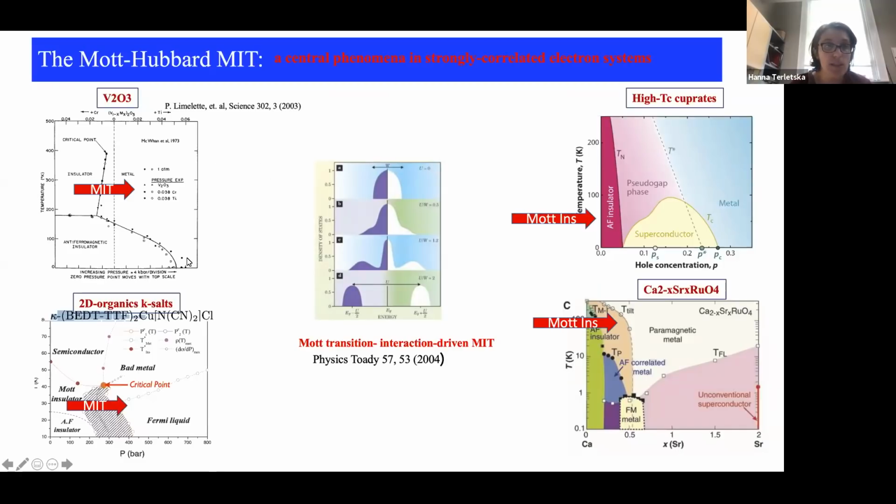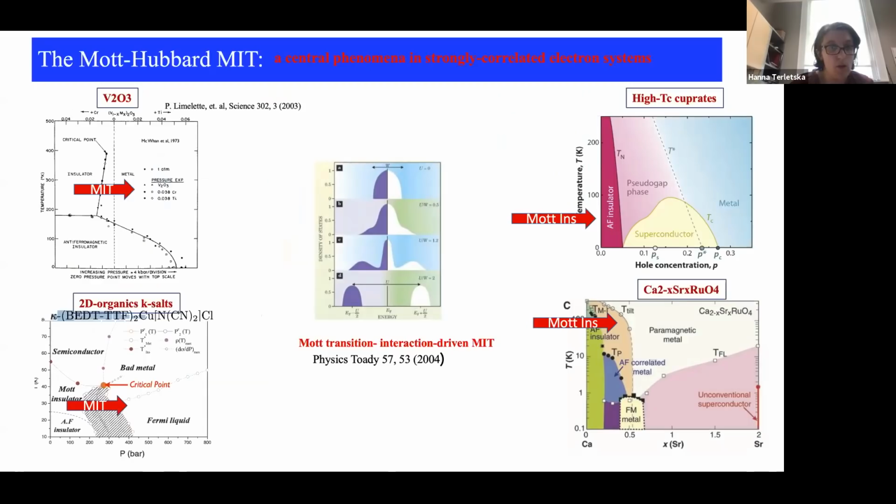This includes the canonical example of metal-insulator transition in transition metal oxides, V2O3 samples, where at elevated temperature, above the antiferromagnetic insulator, the Mott metal-insulator transition, insulator to metal, can be driven by, for example, pressure, or it can be driven by temperature.